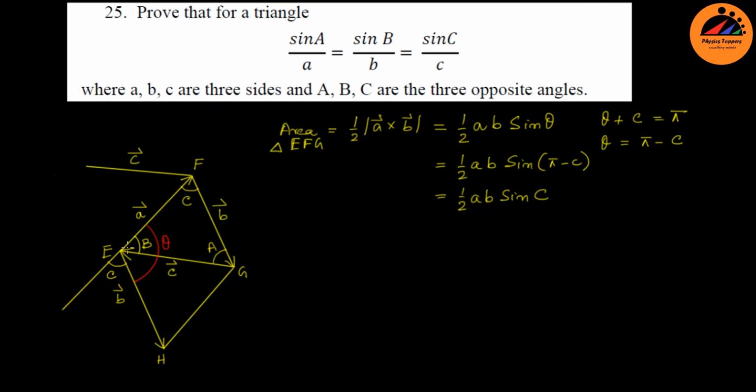Now join these two, and let's name them. So from here, the area of triangle EFG is basically half the area of parallelogram GEIF.